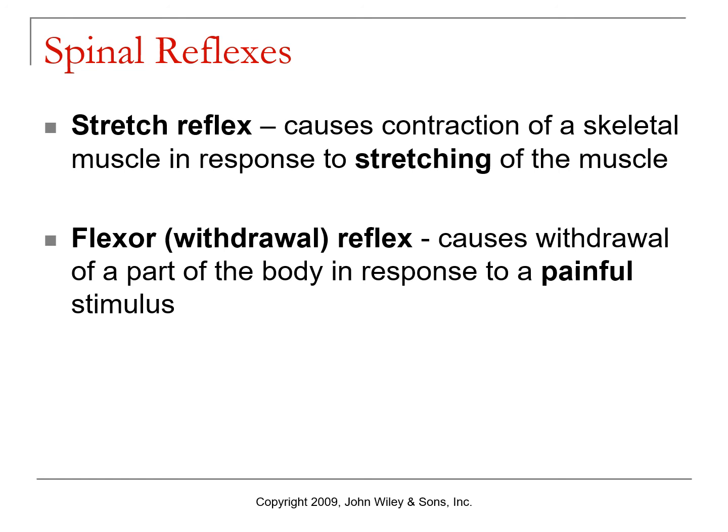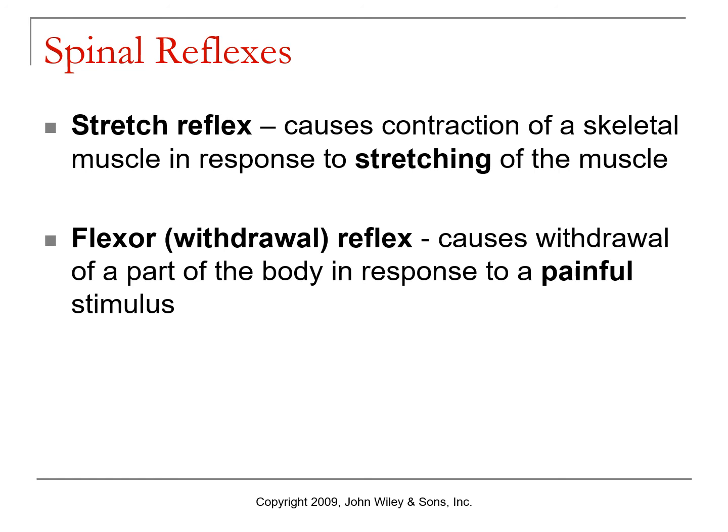This one is a response to stretching of the quadriceps femoris muscle in the thigh when the knee is flexed and that muscle is stretched. It is protective and prevents overstretching of the muscle. Another protective reflex is the flexor or withdrawal reflex. It causes removal or withdrawal of a part of the body in response to a painful stimulus.